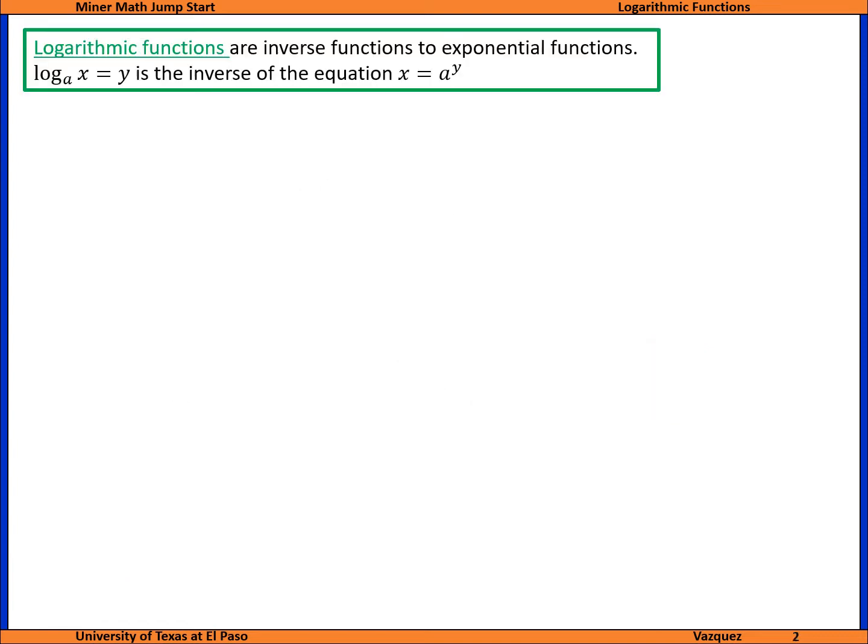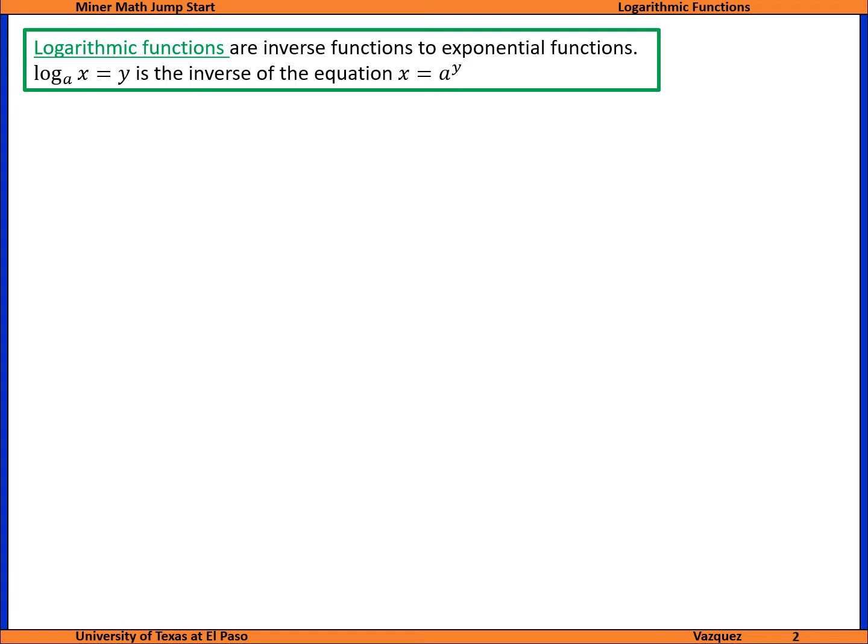So, logarithmic functions are the inverse of exponential functions. For example, if you remember, addition is an inverse operation of subtraction, right? Addition undoes subtraction the same way subtraction undoes addition. You add 3, you subtract 3, you get back to where you're at.